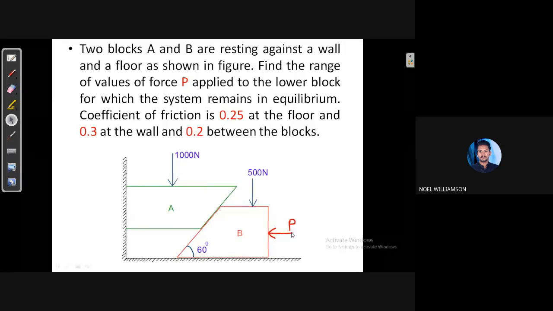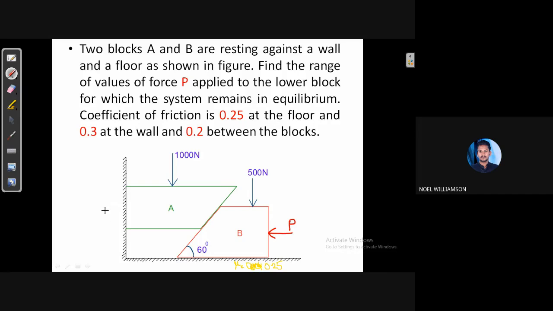That is the minimum value of P and maximum value of P. And here it is given the coefficient of friction as 0.25 at the floor, that is mu is equal to 0.25 on the floor and 0.3 at the wall.